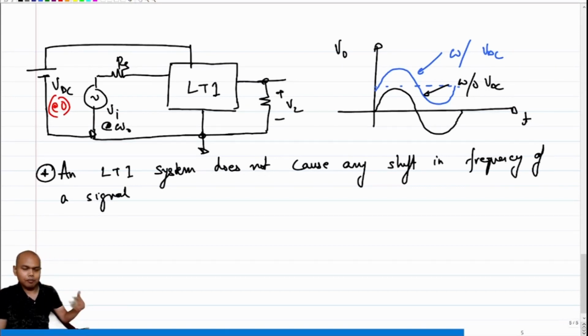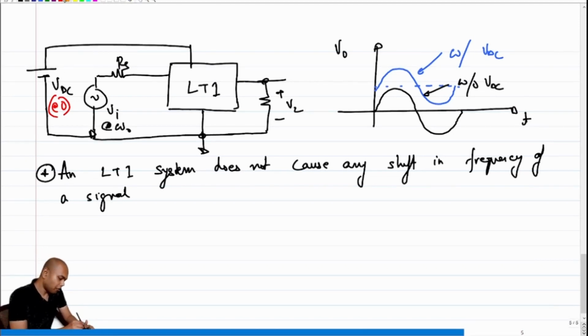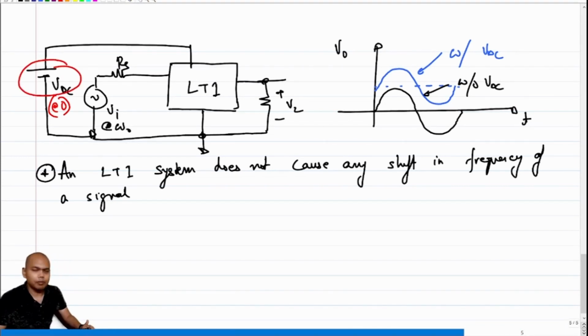Since an LTI system does not cause any shift in frequency of a signal, no power from this DC source can be delivered to a frequency of omega naught.